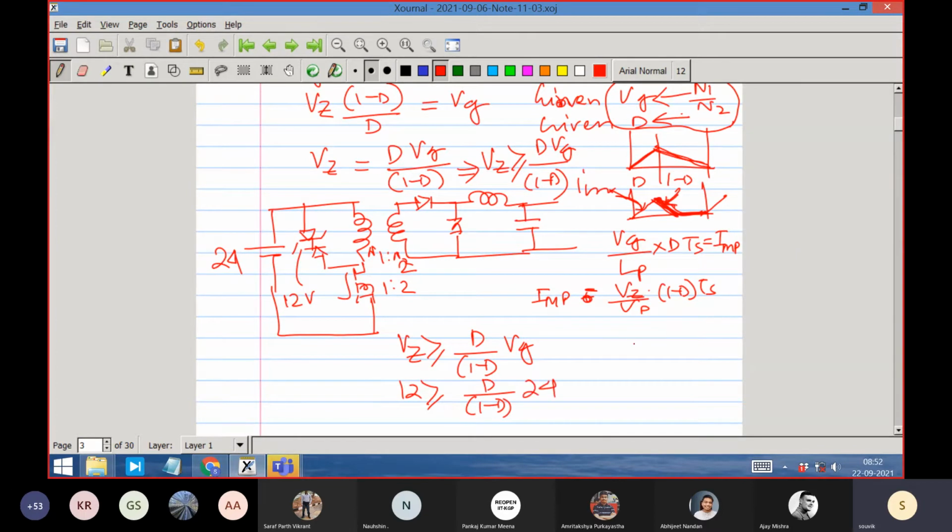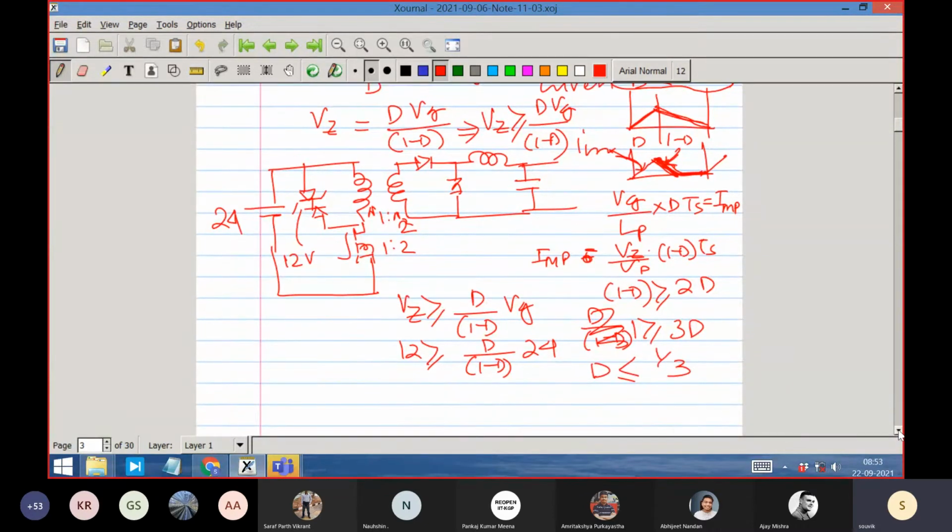So 1 minus d should be greater than or equal to 2d. That is the constraint. So 1 should be greater than or equal to 3d, which means d should be less than or equal to 1 by 3.